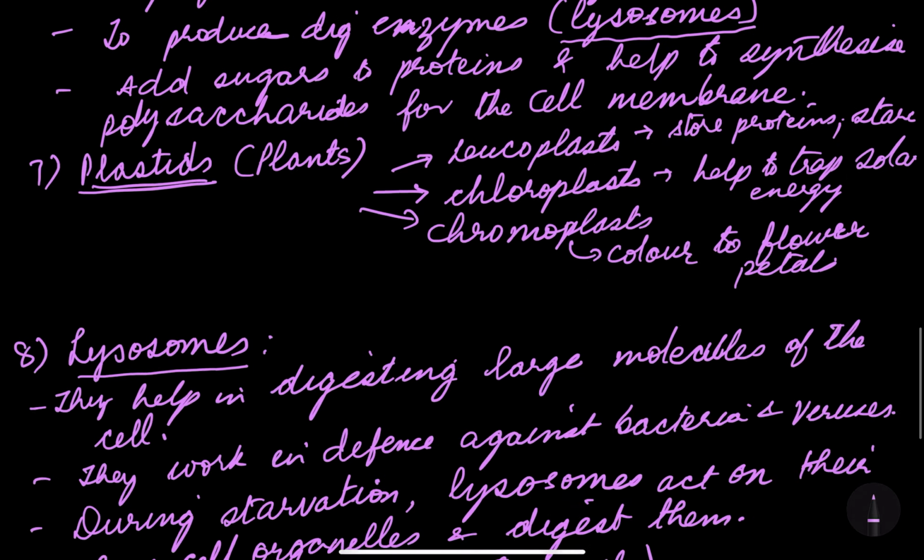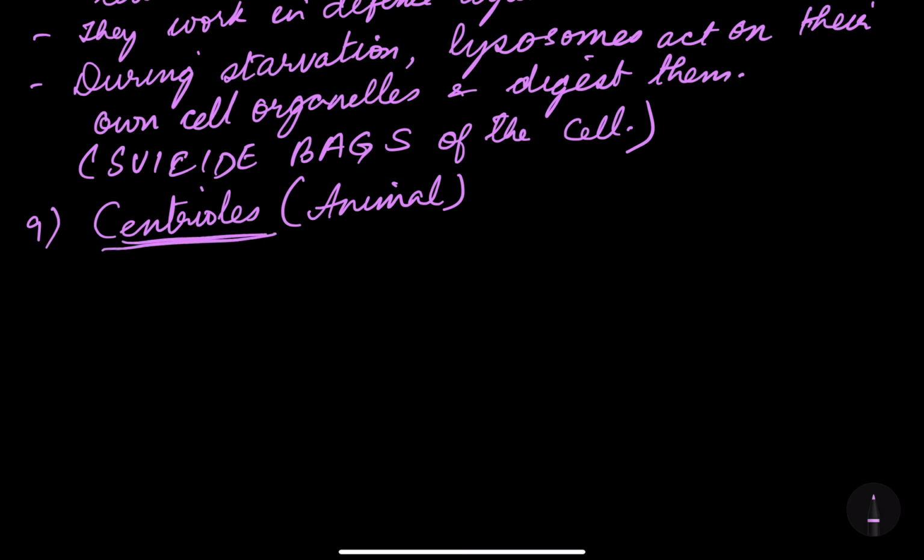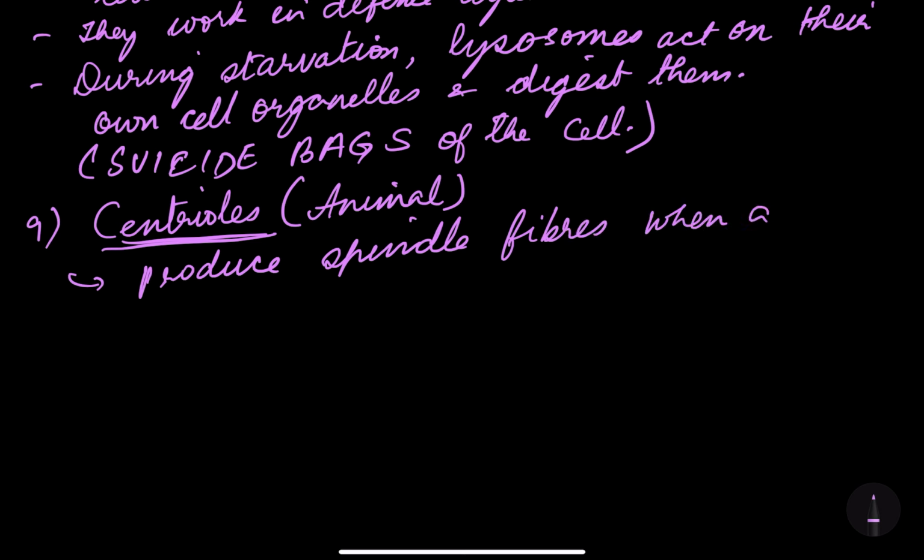Now centrioles are present only in animal cells. Their basic function is that they produce spindle fibers, thread-like fibers, when a cell has to divide. This is their primary function, right?